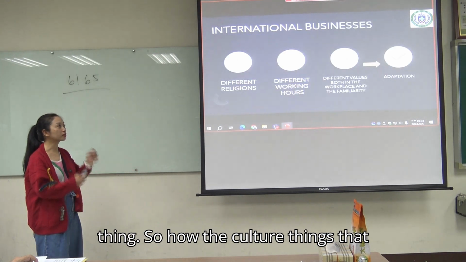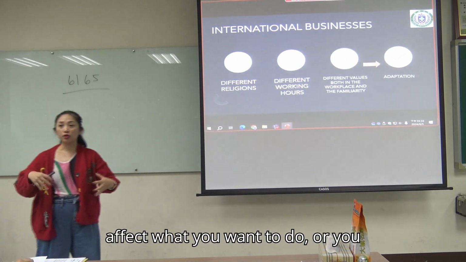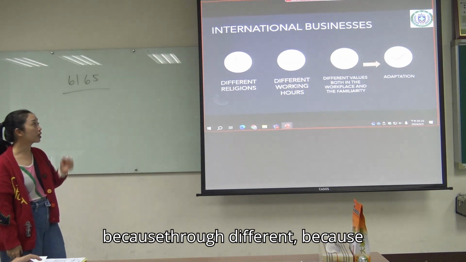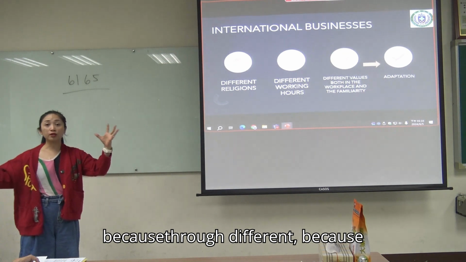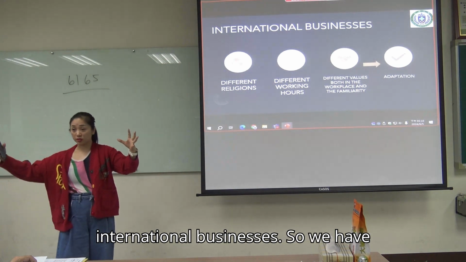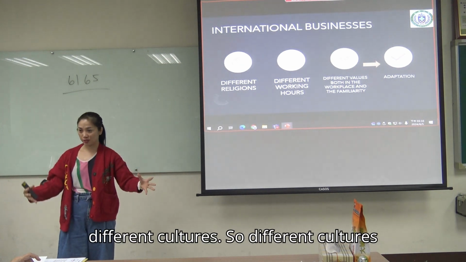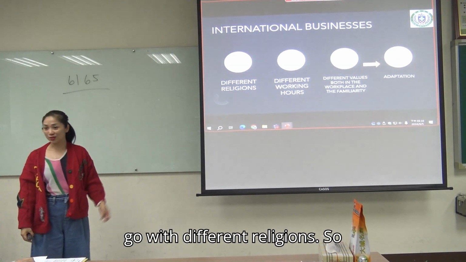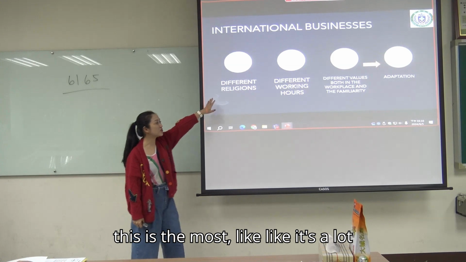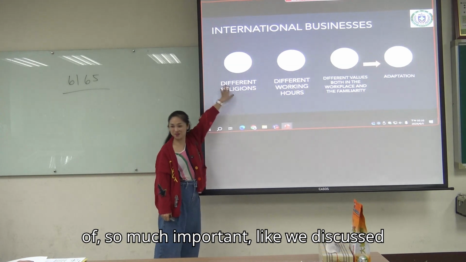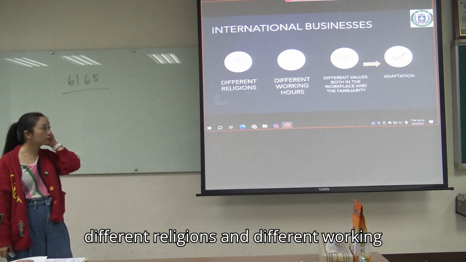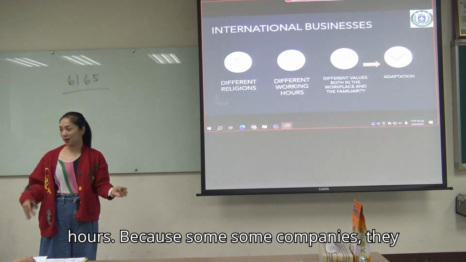So how does the cultural thing affect what you want to do or how you present your organization? It's because of international business, so we have different cultures, and different cultures go with different religions. This is very important, like we discussed last time, not in this class, but yes, different religions and different working hours.